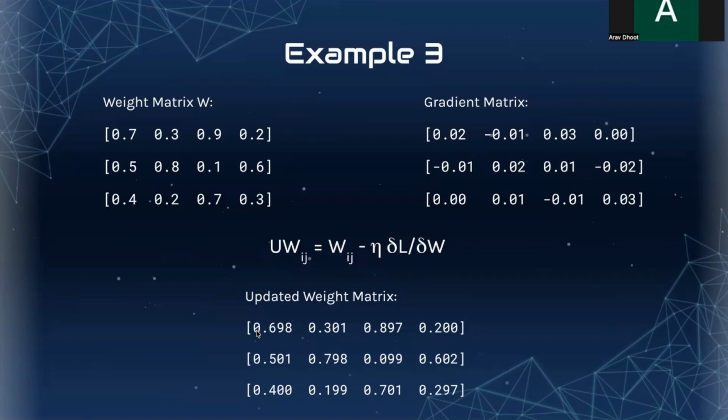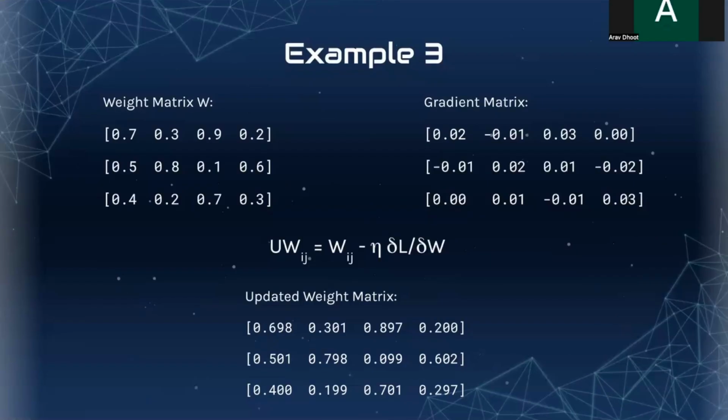For example, if we look at the element in the updated weight matrix in the first row and the first column, we see that we took the value from the original weight matrix, 0.7, and subtracted the first value in the first row and first column of the gradient matrix, 0.02, multiplied by the learning rate, which was 0.1, to get the updated weight matrix value of 0.698.